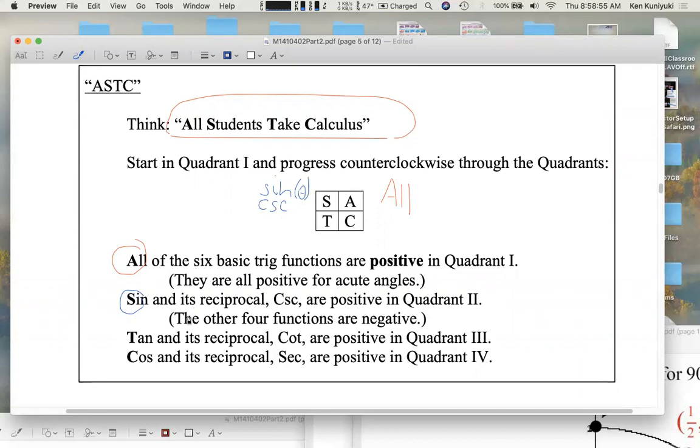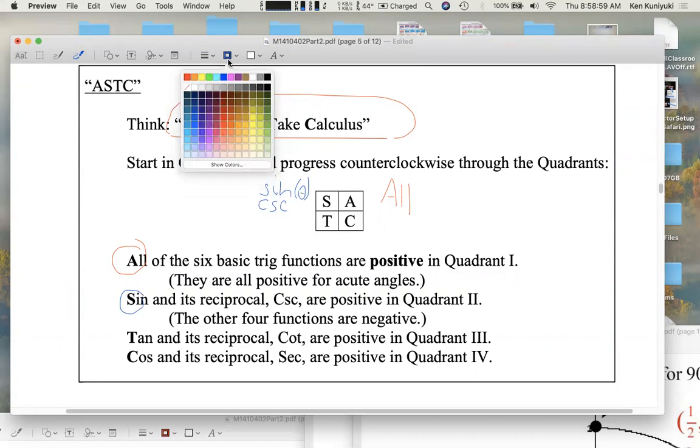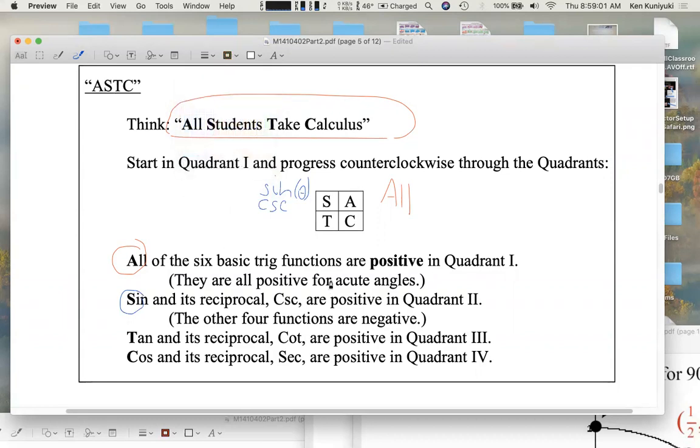All right. In quadrant 3, T for tangent. I'll put that in brown. Tangent and its reciprocal, cotangent of theta, will be positive in quadrant 3.